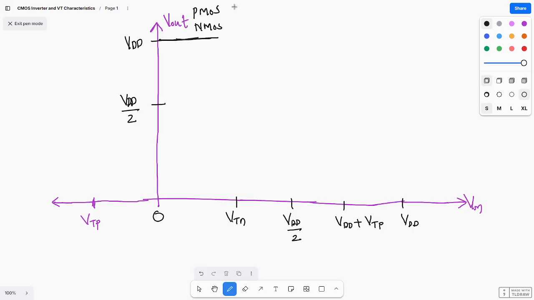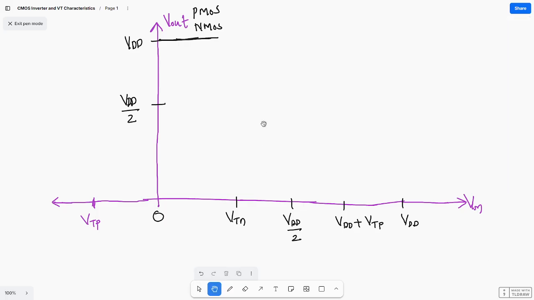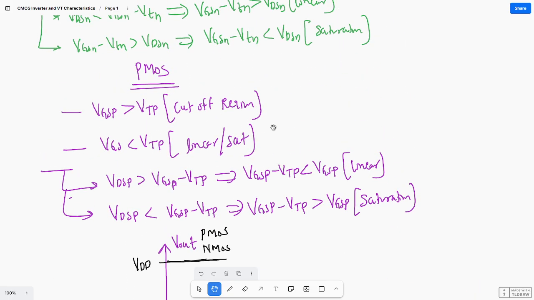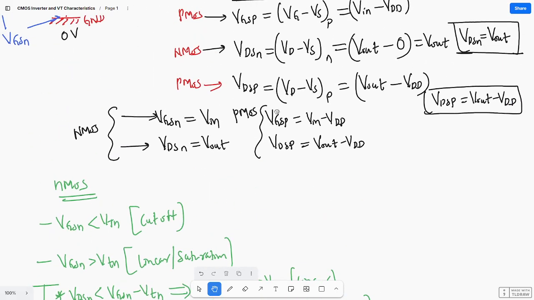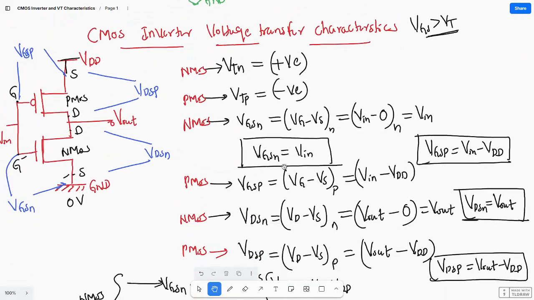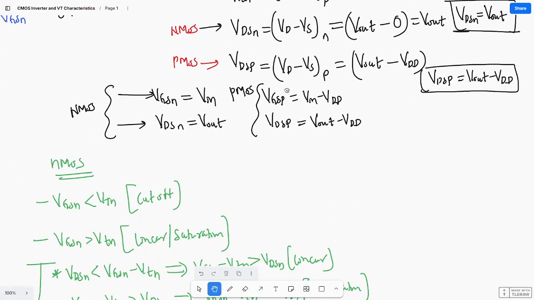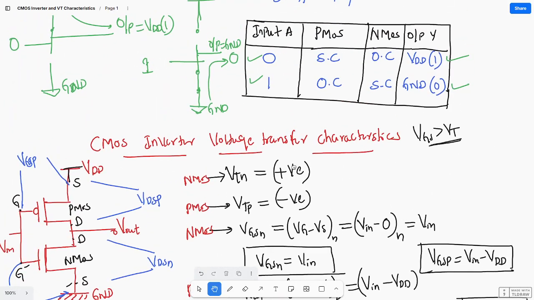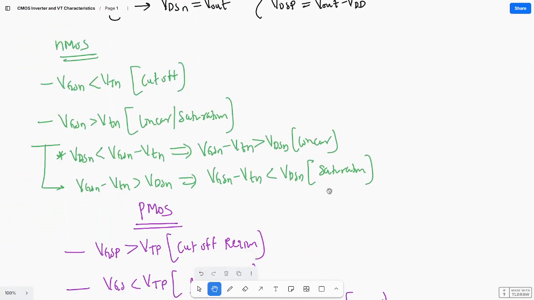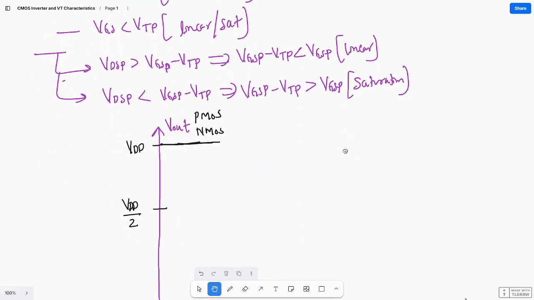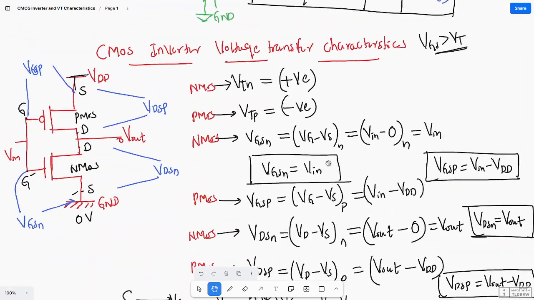So when you are applying a smaller amount of voltage, that means V input equal to 0. We already seen when V input equal to 0, PMOS will be on. This table we already seen.